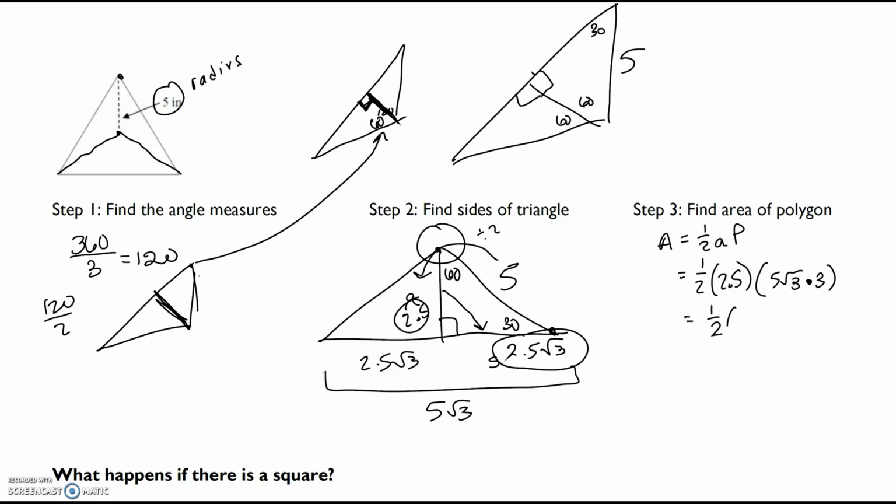So finding the area, we do 1/2 times 2.5 times 15 root 3. And again, if you're going to use your calculator to help multiply these things, do everything besides the root 3. And it looks like we get 18.75 square root of 3 for area of this triangle.